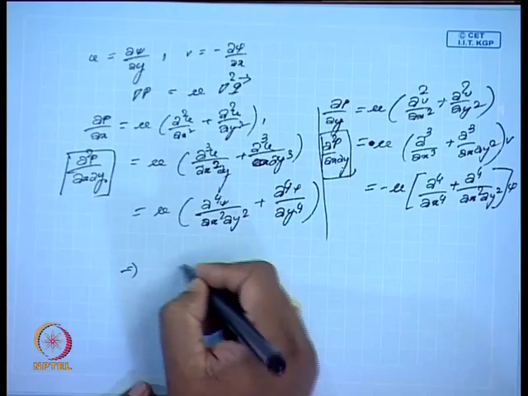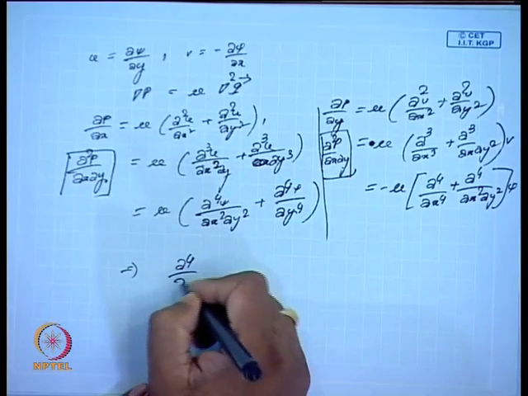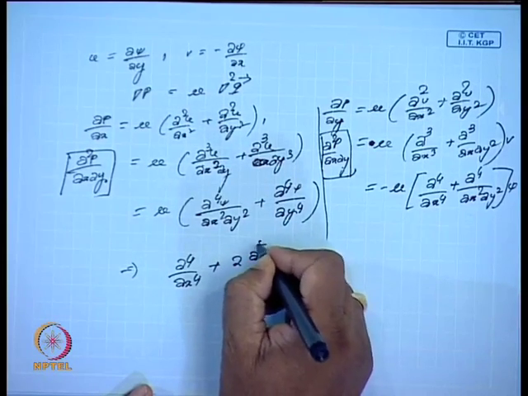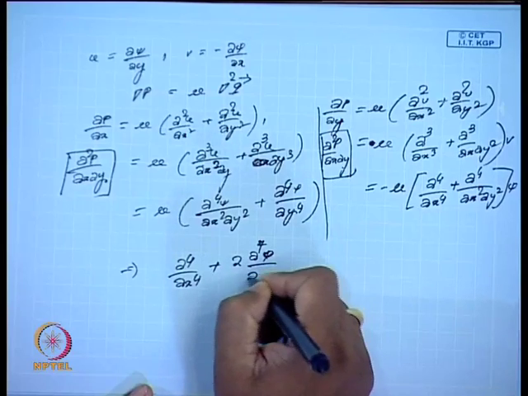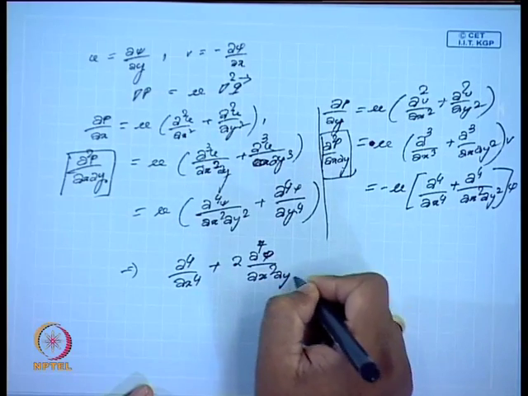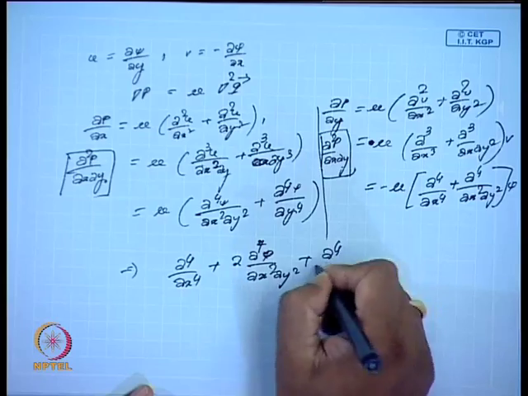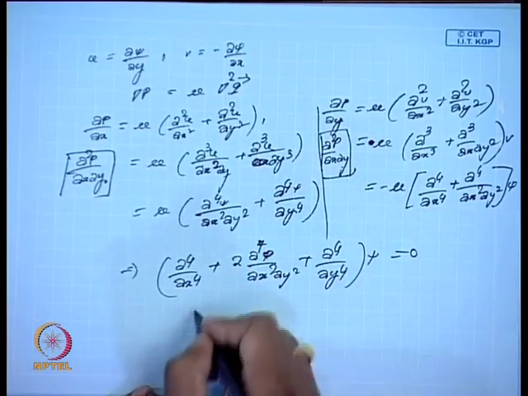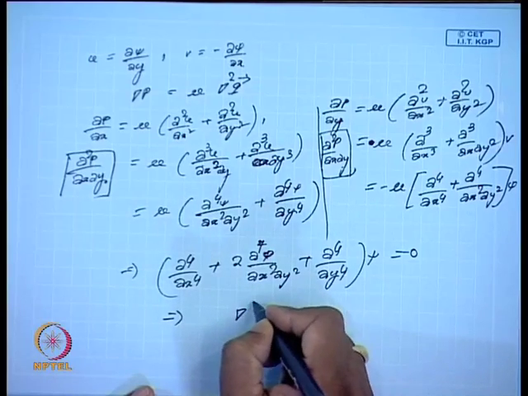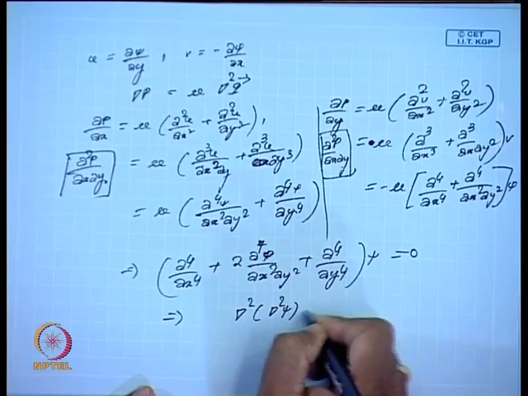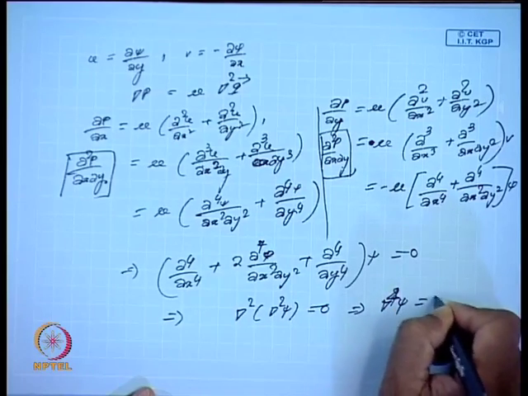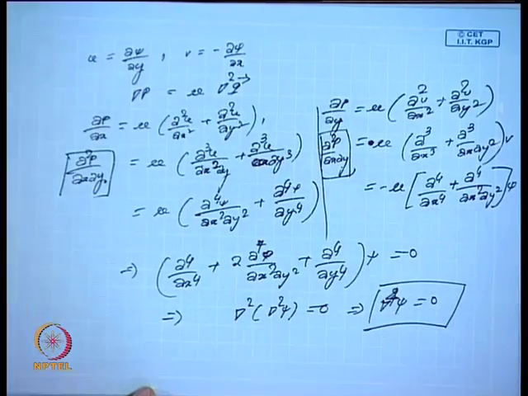That gives me del fourth by del x fourth plus 2 del fourth by del x square del y square plus del fourth by del y fourth of psi equal to 0, which I can write as del square of del square psi equal to 0, that is del fourth psi equal to 0.